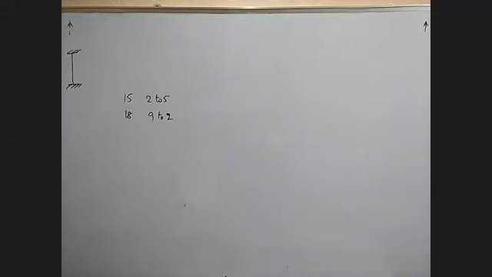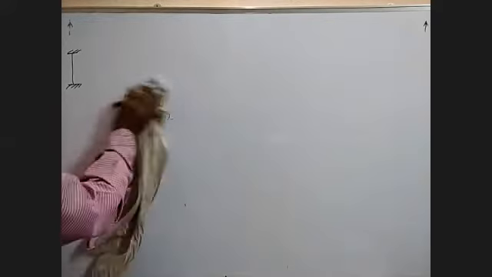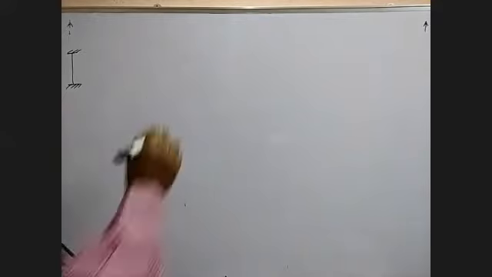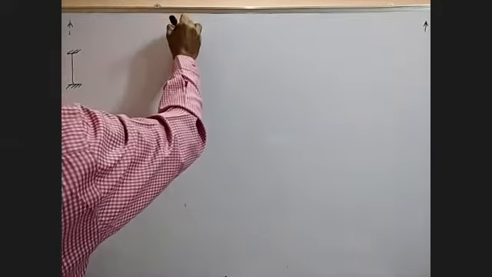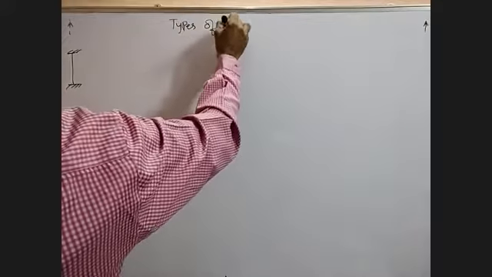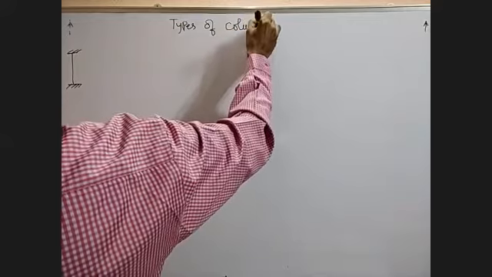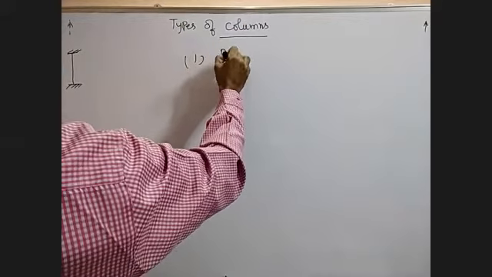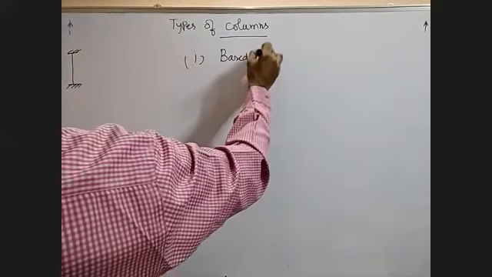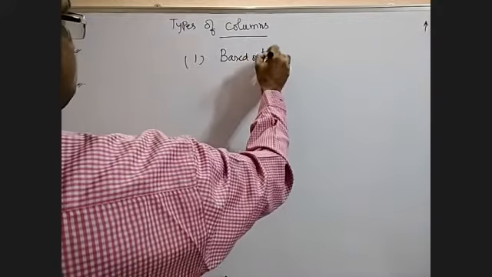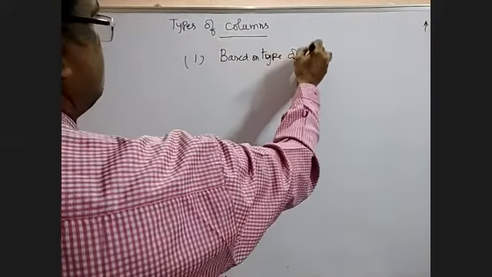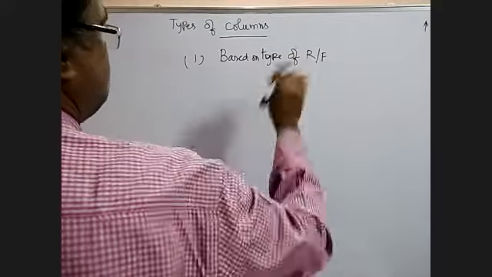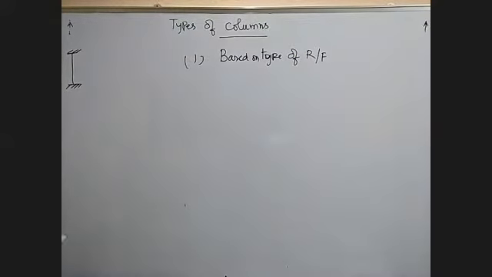Okay. Now, you have different types of columns. The first one is based on the type of reinforcement, RF for short.